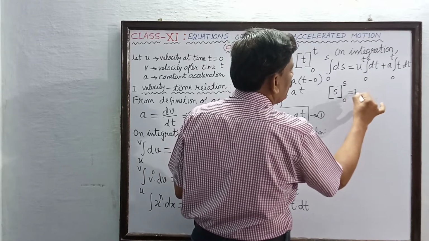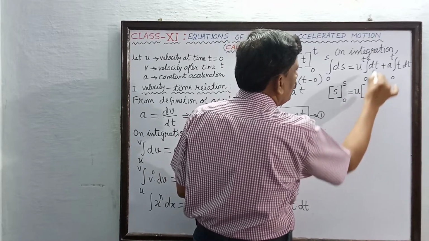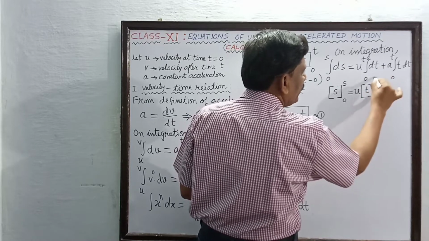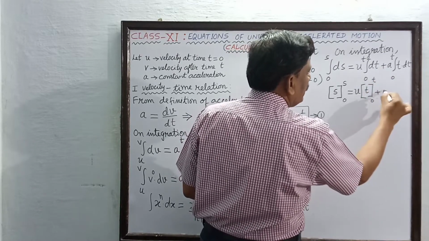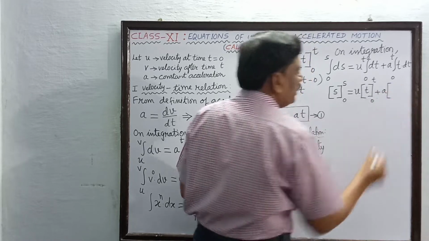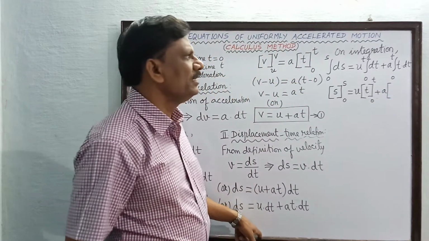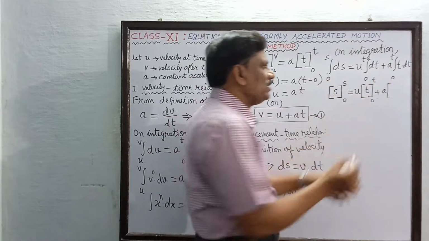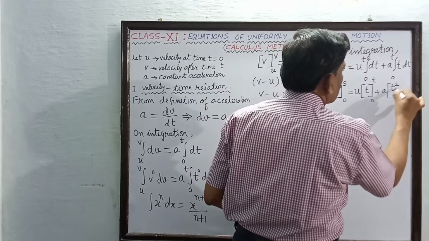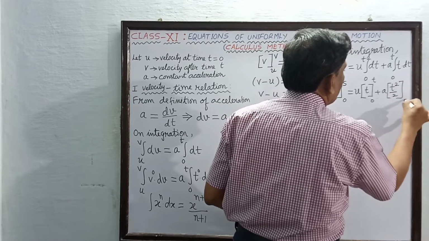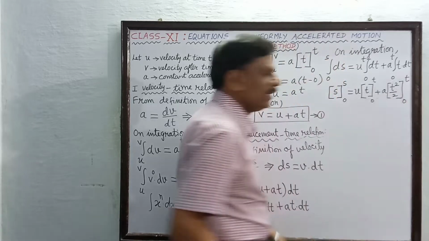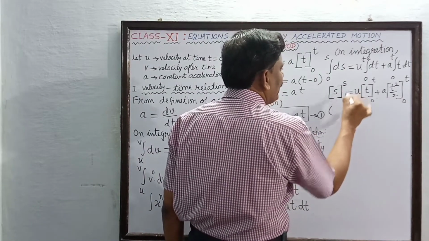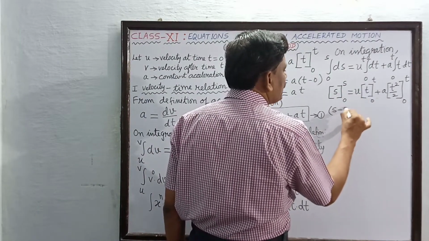So this is equal to u into integral of dt, which is t, between 0 to t, plus a into integral of t dt, which is t power 1 plus 1 divided by 1 plus 1, that is t square by 2. So this is t square by 2 between the limits 0 and t. So left side, upper limit minus lower limit, is s minus 0.